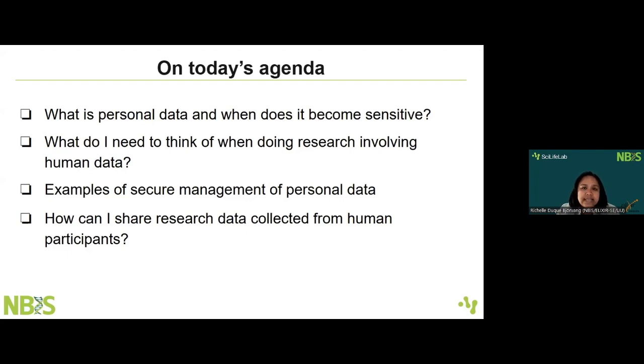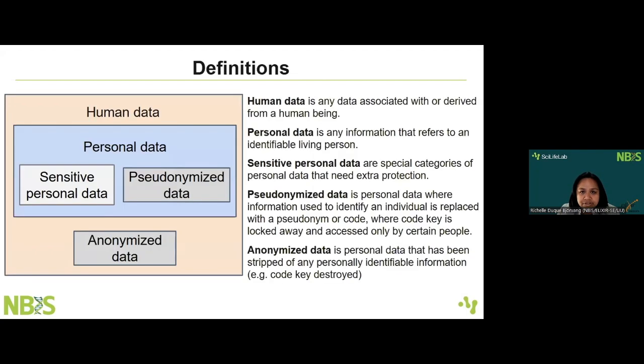So that we are all on the same page, I will begin with some definitions of terms. So human data is any data associated with or derived from a human being. But when that information refers to an identifiable living person, it is already counted as personal data. There are certain special categories of personal data that need extra protection, which we call sensitive personal data.